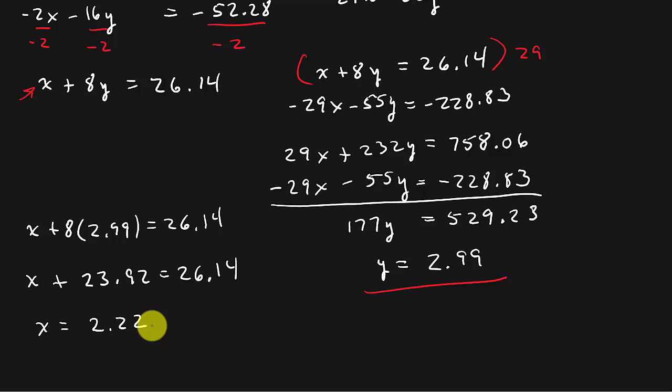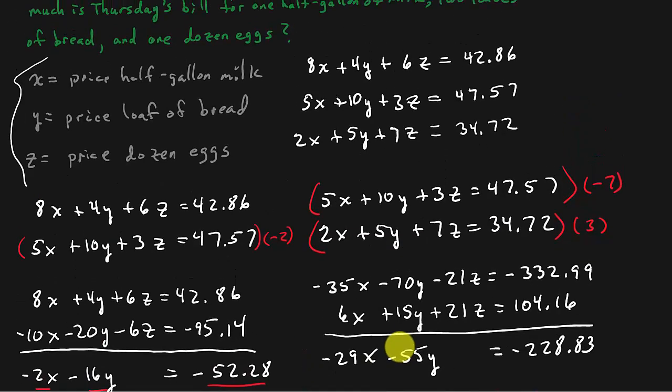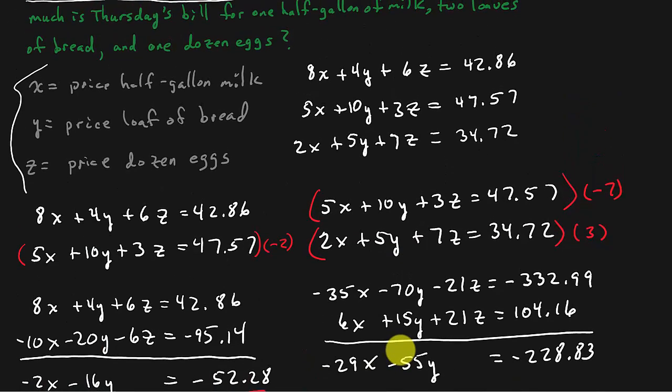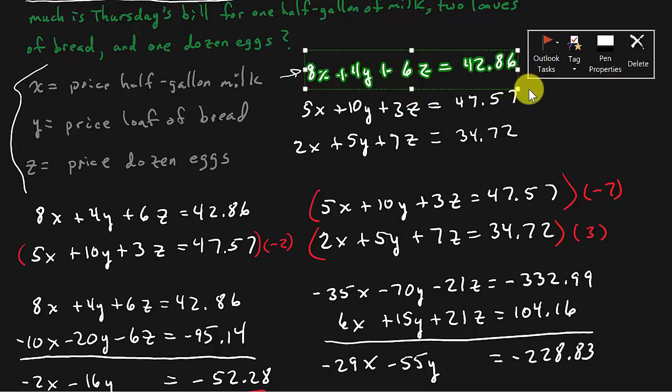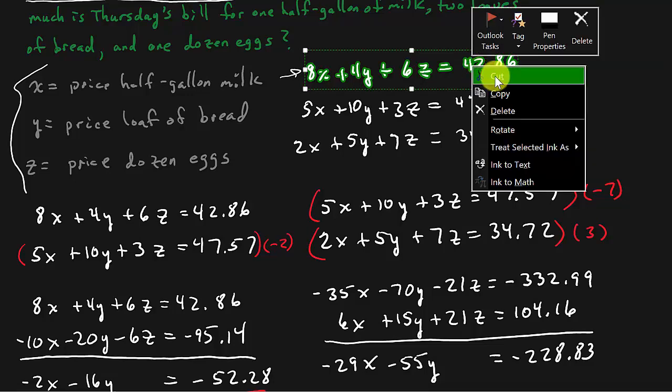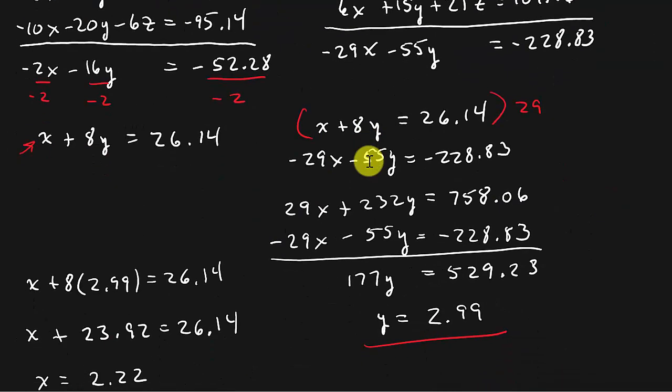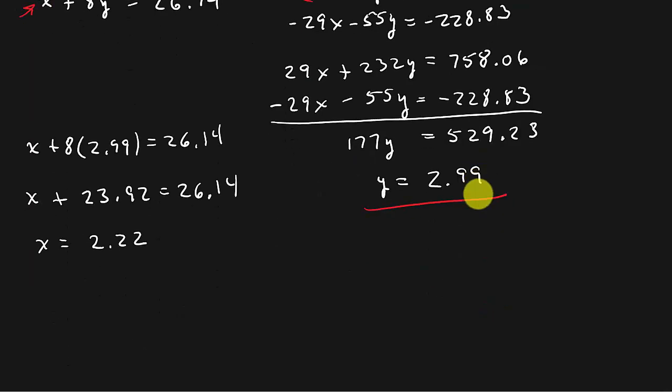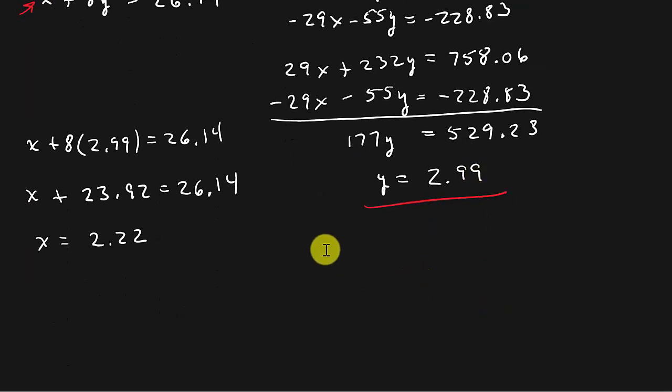Now I need to find z. Okay, so I need to plug it back into one of these. I guess we'll plug it into this first one here. So let me go ahead and copy this and bring it down here so we can actually see it.